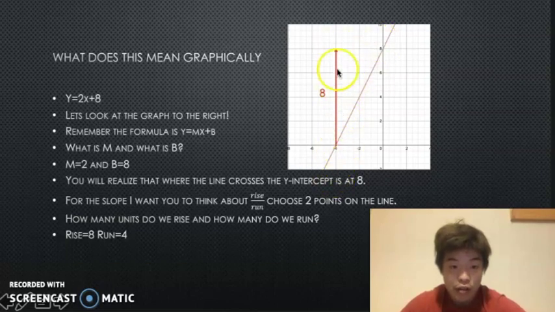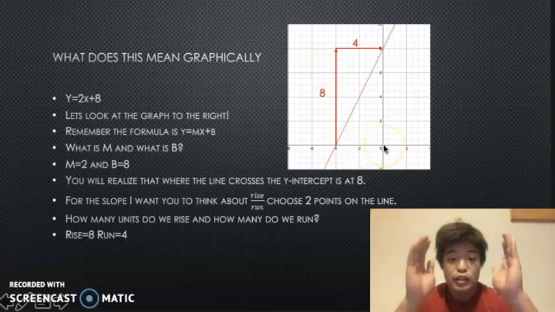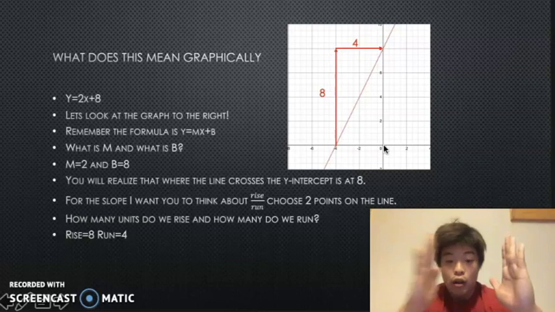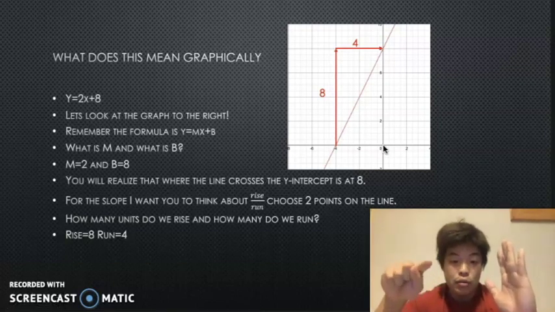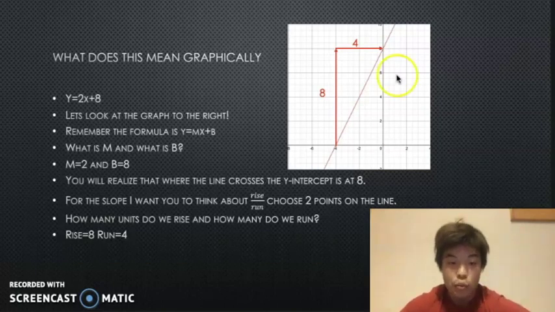From here to here, there's a change of 8. It's positive 8 because we're going up. And then we want to look at the run. What is the difference from negative 4 to 0? The difference from negative 4 to 0 is 4 units, because we're going from negative 4, negative 3, negative 2, negative 1, 0. So we know that the run is 4. All we have to do is say rise over run. What is the rise? 8. What is the run?